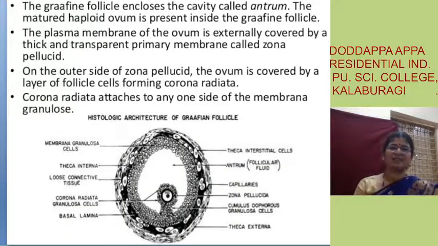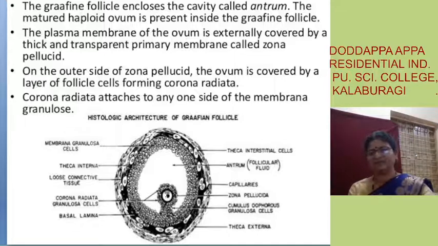And this structure here is clear, which we drew in the classroom. You can see here the theca externa, theca interna, membrana granulosa, antrum, which is filled with the liquor folliculi, also called follicular fluid. And cumulus oophorus, and at the summit, the ovum is present.